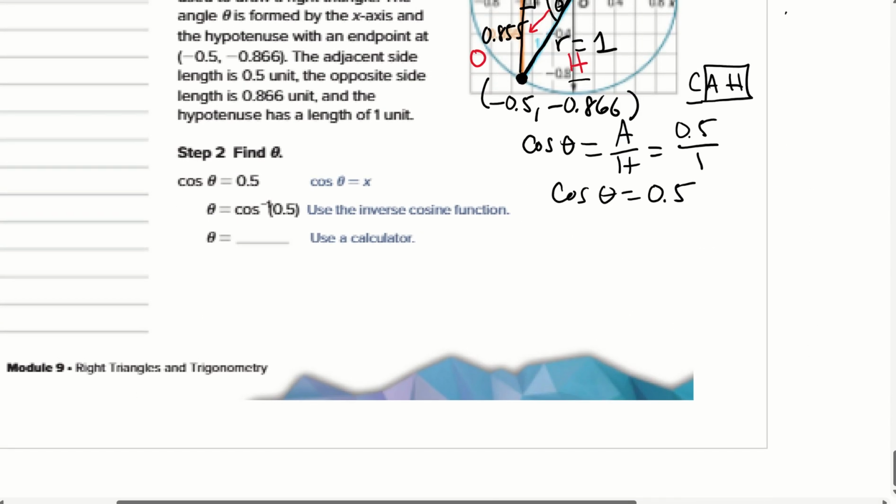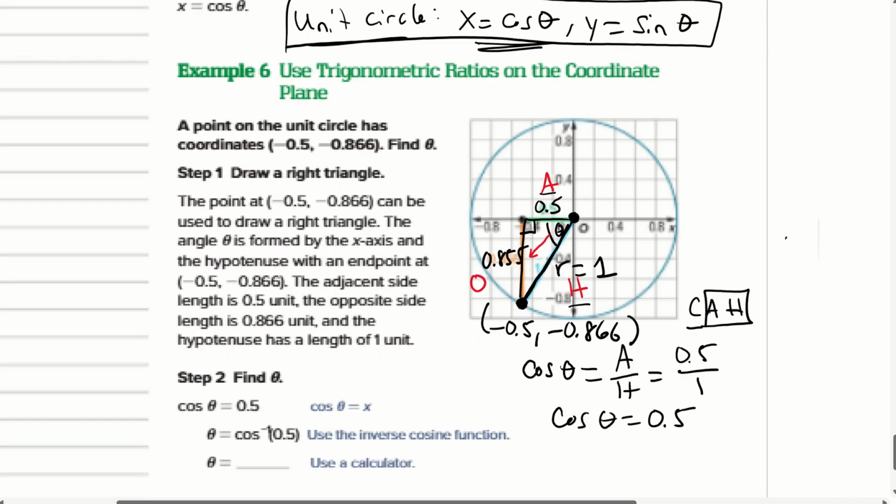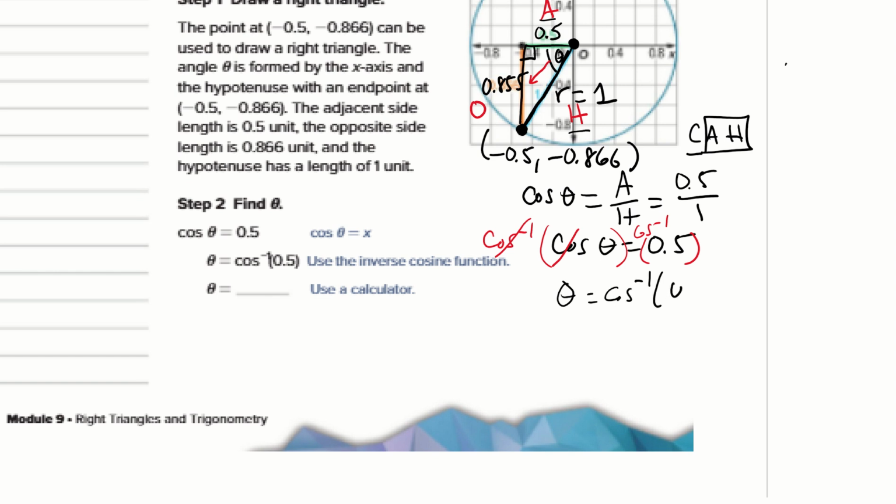This is what we were talking about earlier with the unit circle. Now the only way to get rid of the cosine is to do the inverse cosine. So theta equals inverse cosine of 0.5, which you can do on the calculator and get 60 degrees.